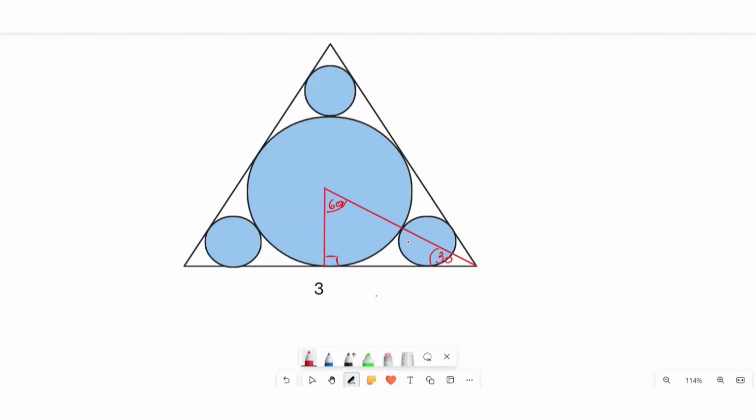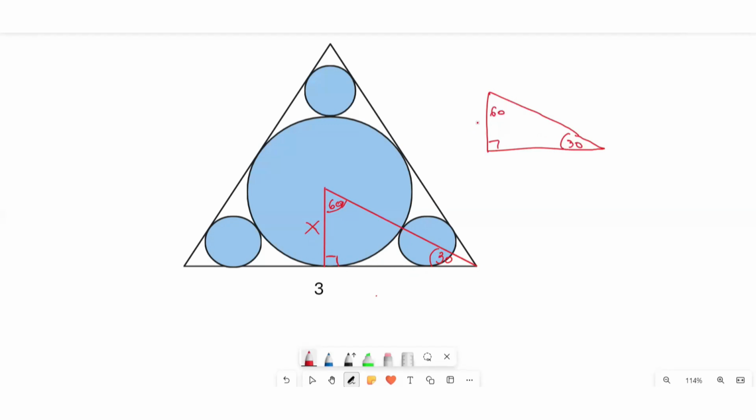Now with this, I could do a number of things. First, I'm going to find a relationship between the radius of the large circle compared to the smaller circle. So let's take a look. Let us call this side X. Now, because this side is X, if I know my 60-30 special triangle, we realize that if this is 30, this is 60.